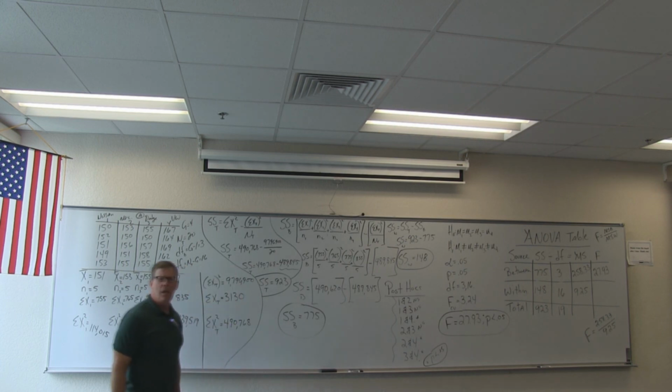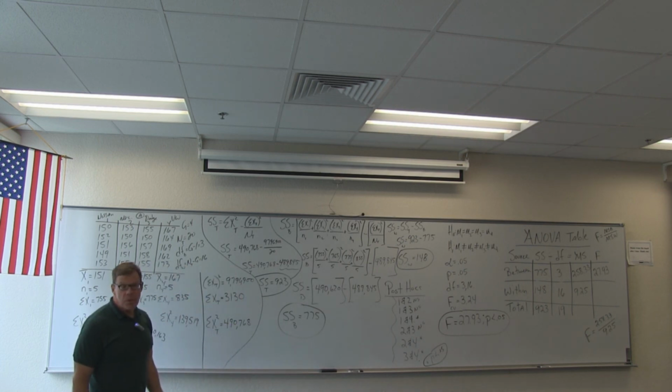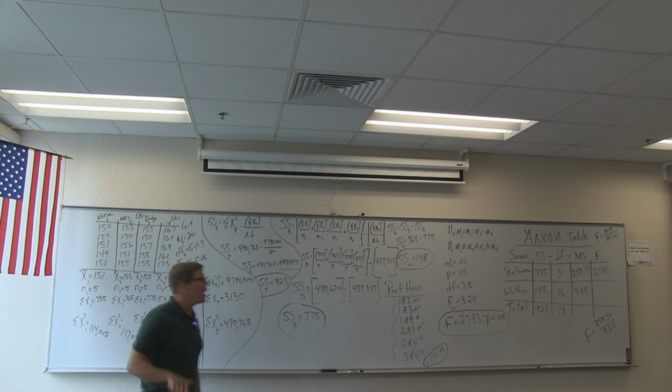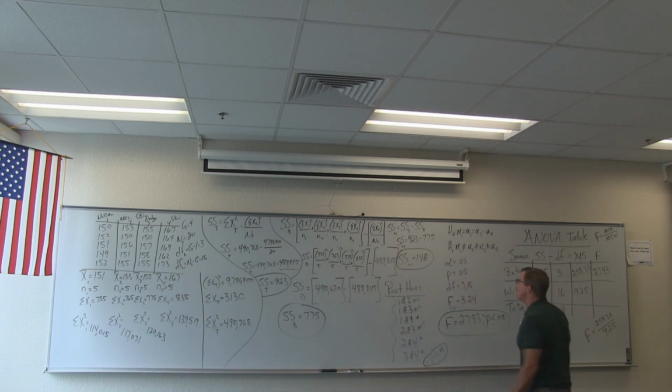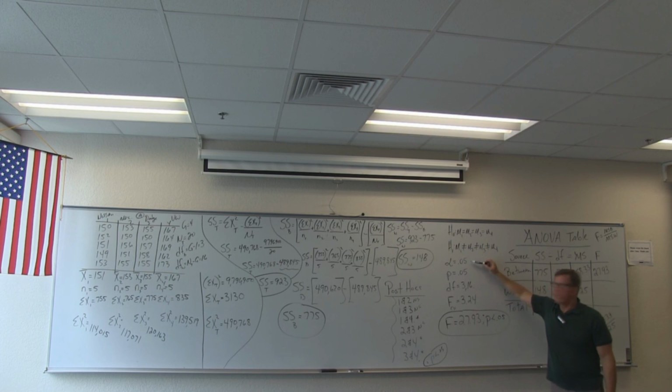And again, why were we able to reject this null? Well, we had enough power. Let's look at the 4 elements of power again. We have a pretty standard alpha. This is kind of like a vanilla alpha. This is the pepperoni pizza of alphas.